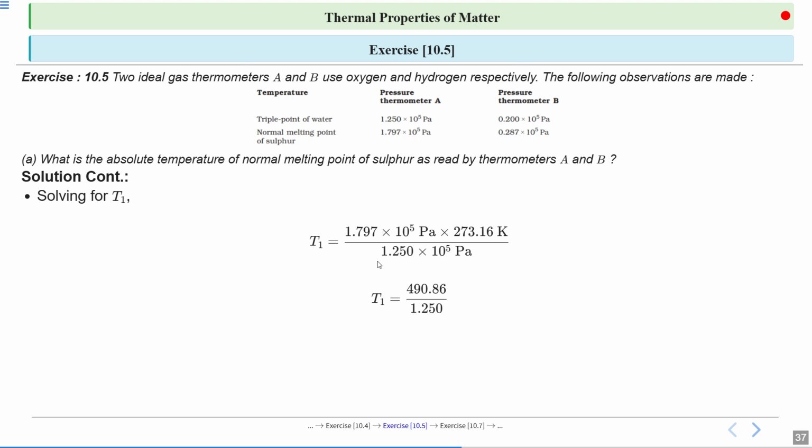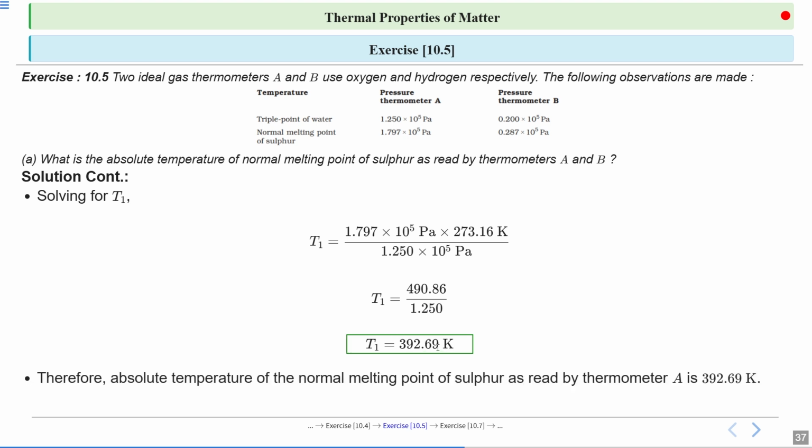So after solving, you will get 490.86 divided by 1.250. So T1 equal to 392.69 Kelvin. Therefore, the absolute temperature of the normal melting point of sulfur as read by thermometer A is 392.69 Kelvin. All right.